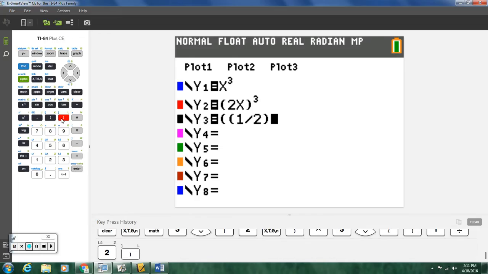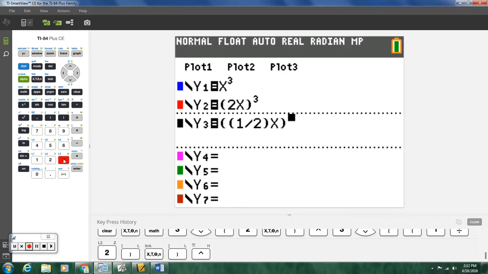We've got our fraction in parentheses, but then we've got this parentheses that's outside it, and we have to close that one and put to the 3rd on it. Sounds a little tricky. You've got to put the fraction in parentheses anyway, but then you've got to tell the calculator, hey, I want all of it to be cubed, not just the 1/2. I need all of it to be cubed.